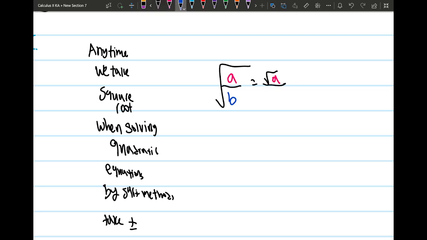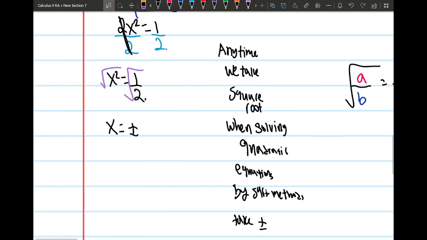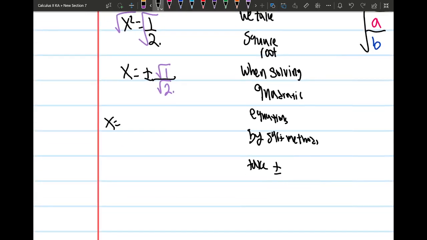So that's what we're going to do here, and I'm just listing out the basic terms. So this would be the square root of 1 over the square root of 2. Now, obviously, we know what the square root of 1 is. We can say that x is equal to plus or minus 1 over the square root of 2.